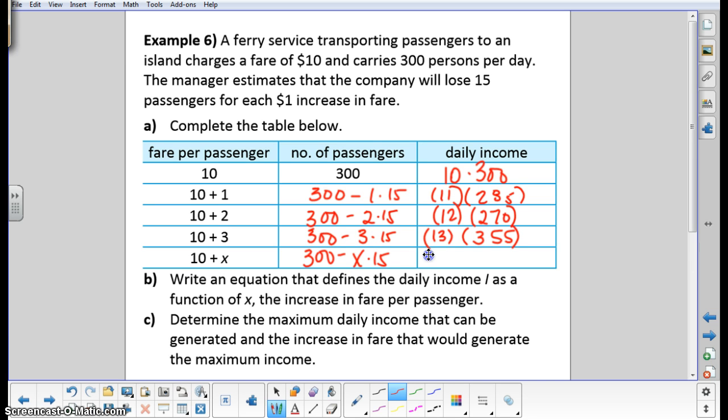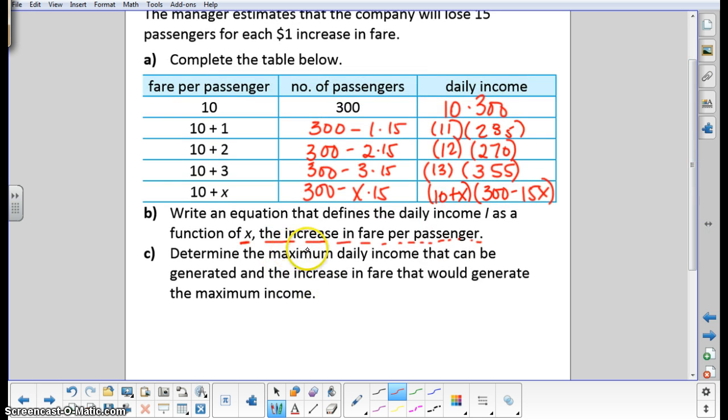So that's going to be 10 plus x and 300 minus, I'm just going to flip those and say 15x. And this is our overall equation for daily income, considering the number of dollar increases, which is x. So this is kind of a let statement. X is the increase in fare per passenger.